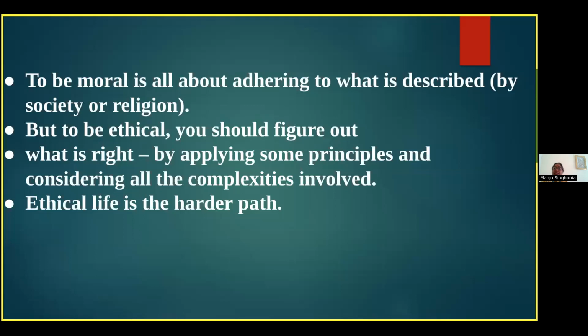That is called having the complexities. The situation is uncertain. Though rules and regulations are there, with your wisdom you have to apply them. So you have to decide what is right by applying some principle to the given situation.